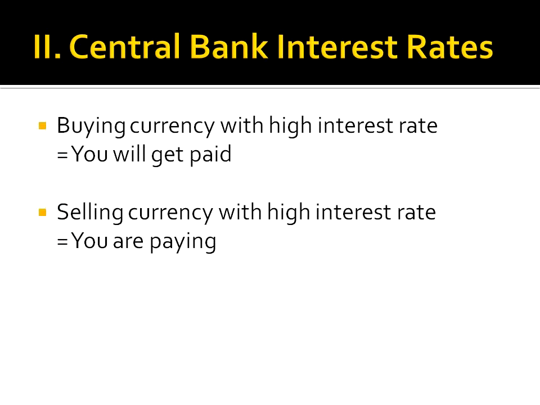And because as currency traders, we are buying and selling these different countries' currencies, we pay or get paid according to the swap, according to the interest rates. So if you are buying a currency with the highest interest rate, you're going to get paid the swap. If you are selling a currency with a high interest rate, you're going to pay the swap.